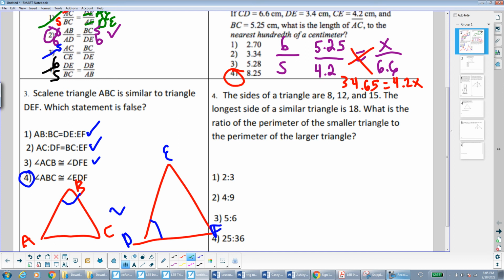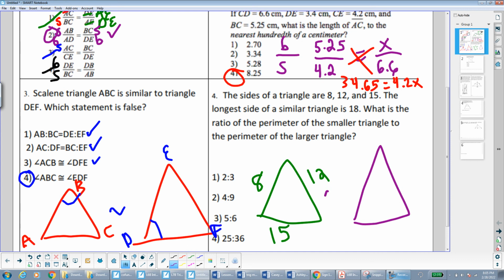The sides of a triangle are 8, 12, and 15. The longest side of a similar triangle is 18. What is the ratio of the perimeter of the smaller triangle to the perimeter of the larger triangle?